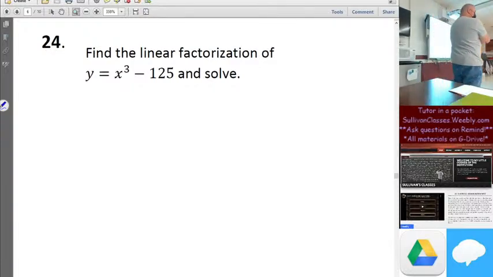Somewhere right smack in the middle of chapter 5. There was a big chart and it had GCF, factor by grouping, and then down at the bottom it had this, sum and difference of cubes. I hope you have it.